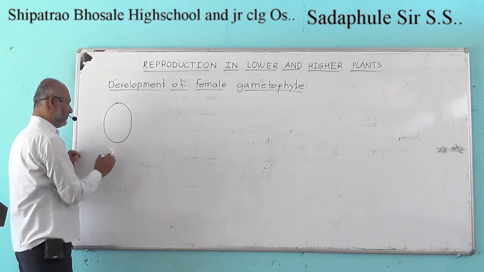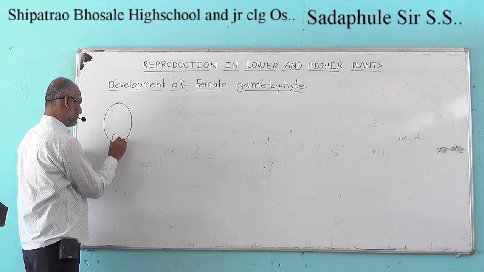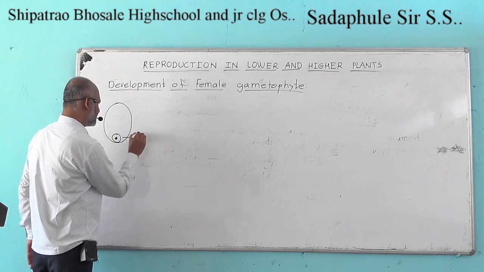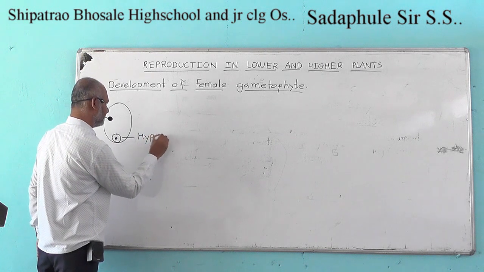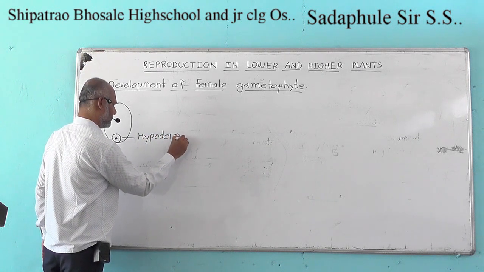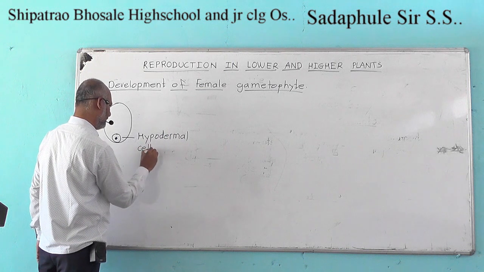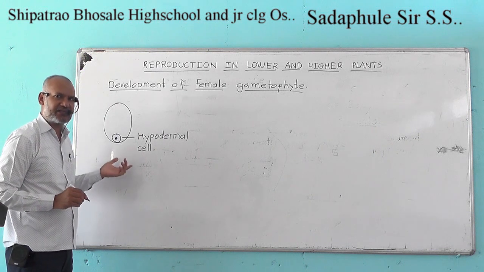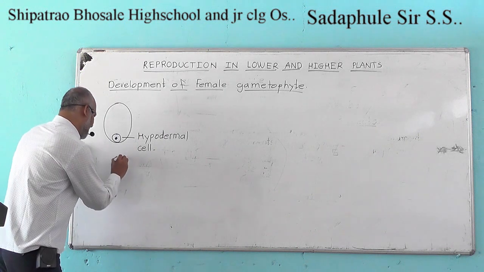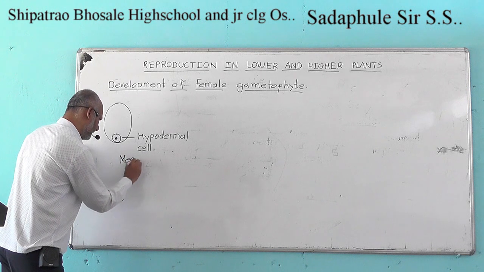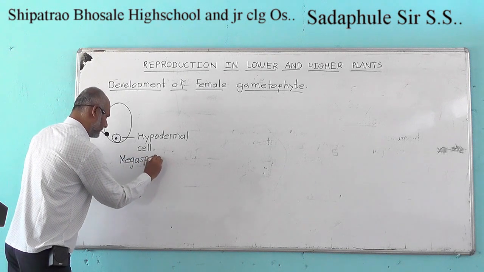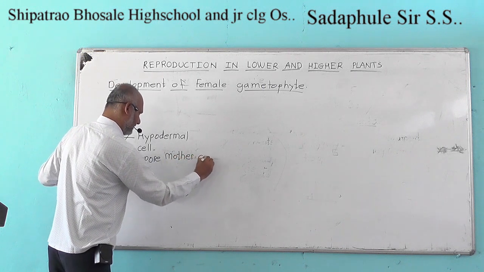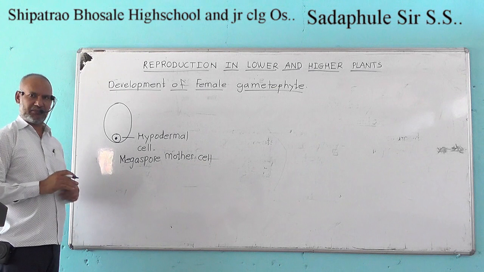From this tissue, one of the cells of the nucellus, which is a hypodermal cell, gets activated and enlarged, and it acts as the megaspore mother cell.